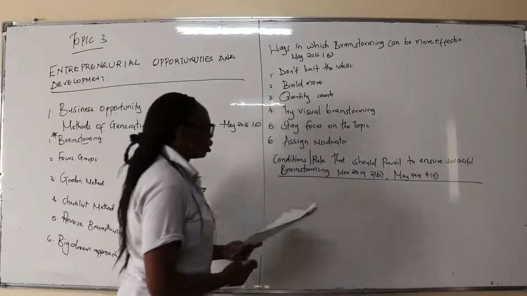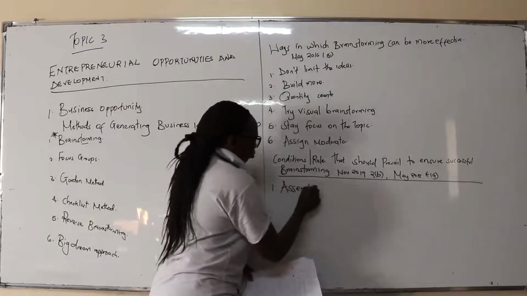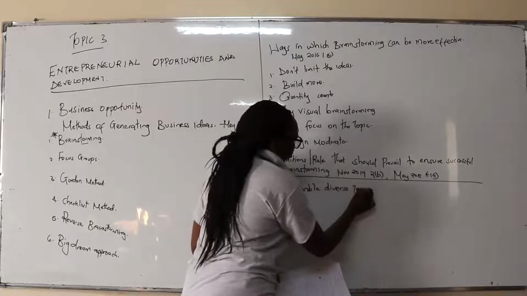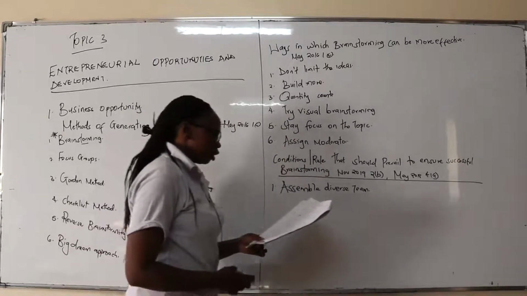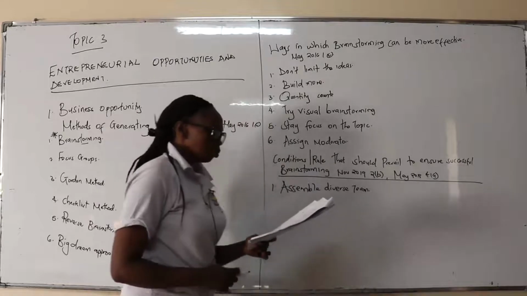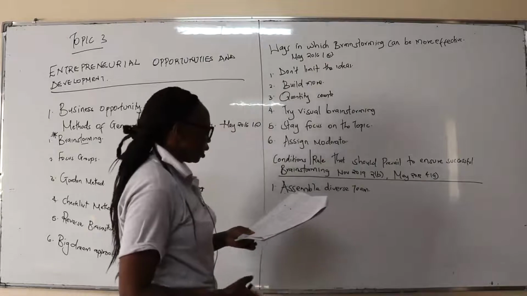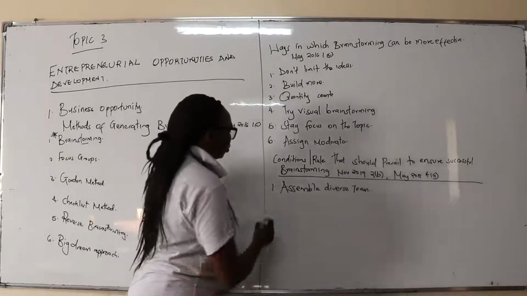The first one is to assemble a diverse team. When I talk of assembling a diverse team, this is whereby it takes multiple perspectives and collaborative teams to come up with ideas or solutions that are usually unique and innovative.